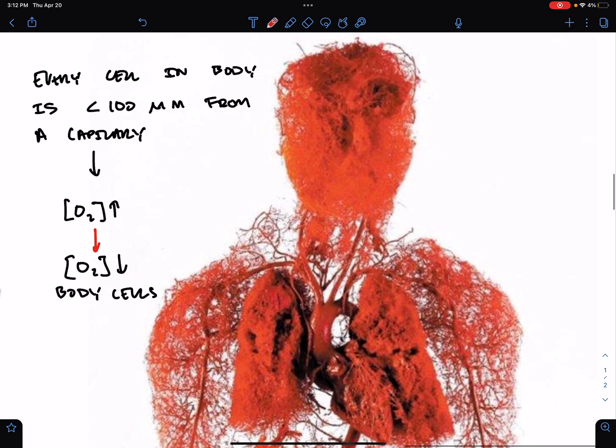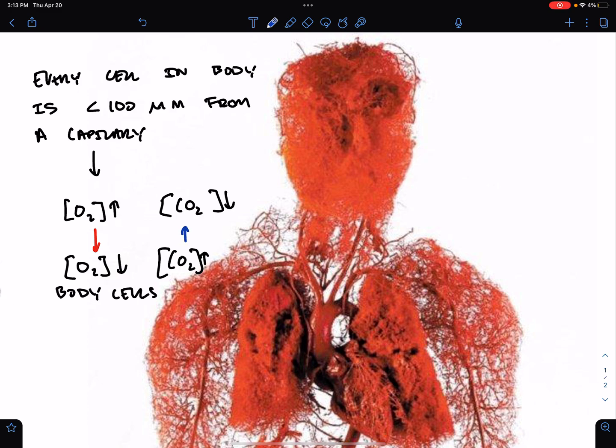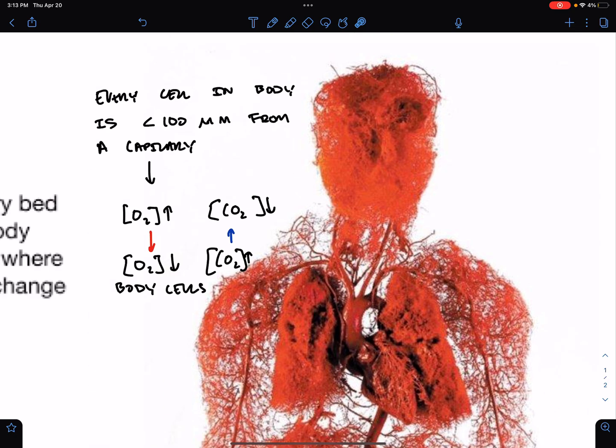Okay, and then also in the capillaries, we have a CO2 concentration which is lower than the body cells, because CO2 is constantly being produced in cellular respiration, so CO2 is going to diffuse from your body cells into your capillaries.